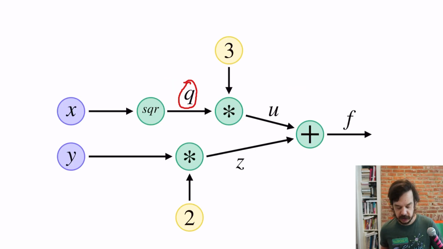So going back to our graph here, we made it to q, and the next step in our graph is to compute these partial derivatives of u as a function of the derivatives from the previous step with q.